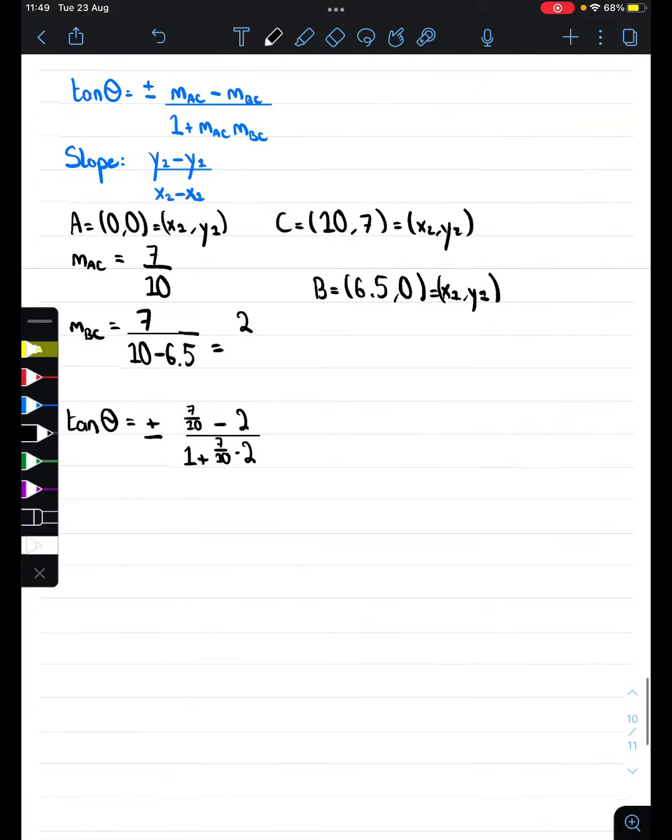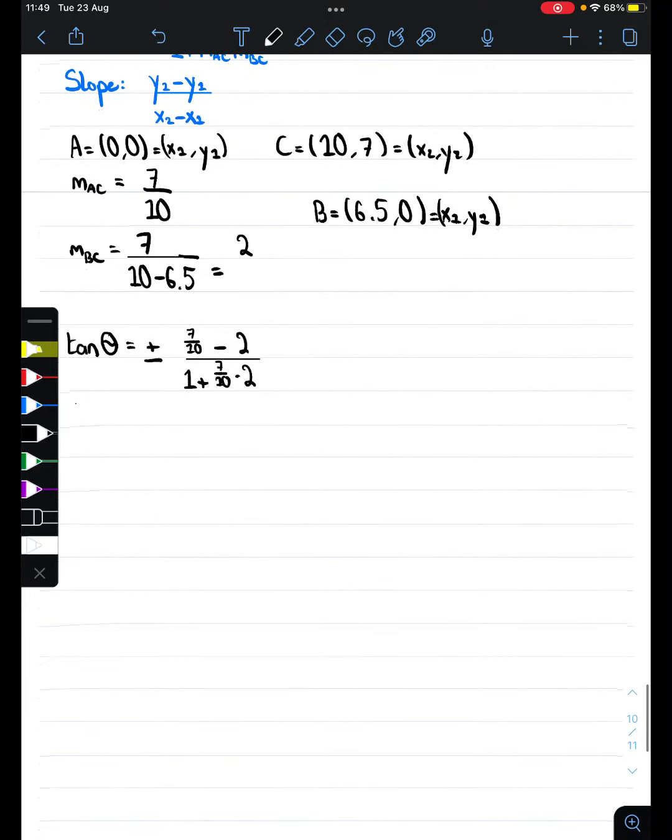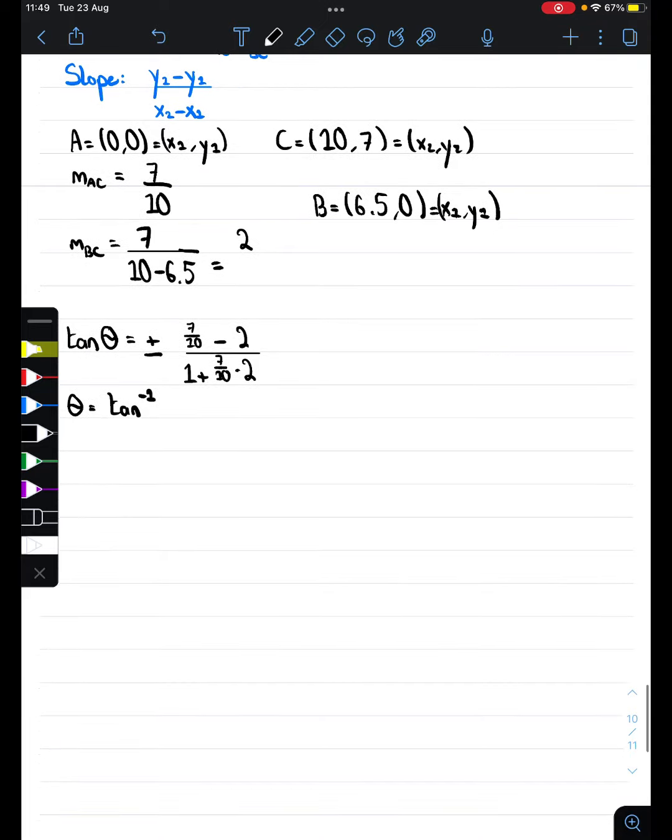And we can just do tan inverse of this, so theta equals tan inverse. Well, we've got to think, is this a plus or a minus? Well, actually, you know what, let's just worry about that later. Let's just put it in as a plus, and if it looks like we ought to change it, we can do that.